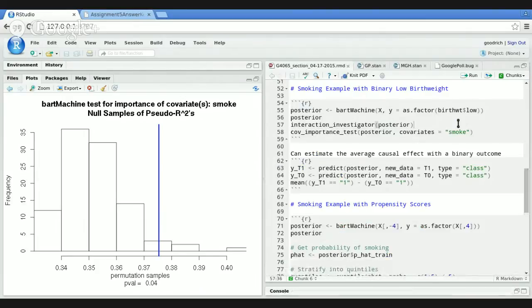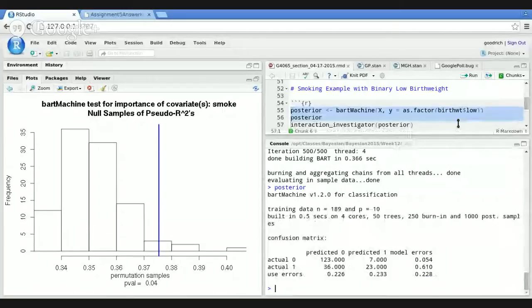We could do a similar thing with a binary outcome. There's another variable in this data that's just a dummy: whether you're classified as low birth weight according to doctors or not. There's probably some standards for that.